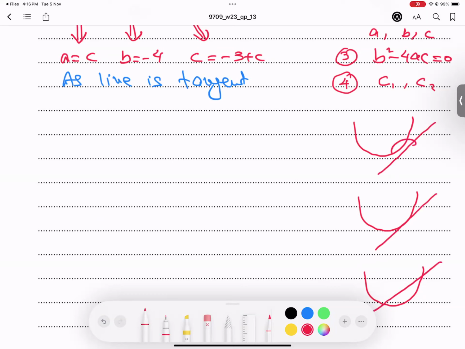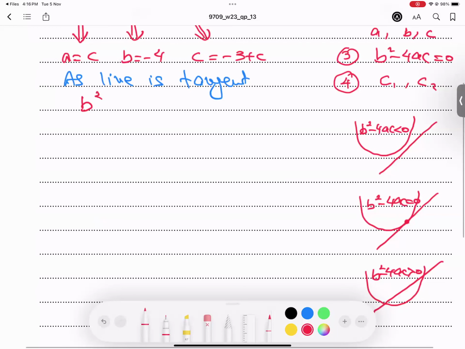In the first option there's no solution, so we write b squared minus 4ac less than 0. When the line is touching, tangent, b squared minus 4ac equal to 0. And for 2 points, b squared minus 4ac bigger than 0. But currently I will use equal to 0. So b squared minus 4ac equals 0.